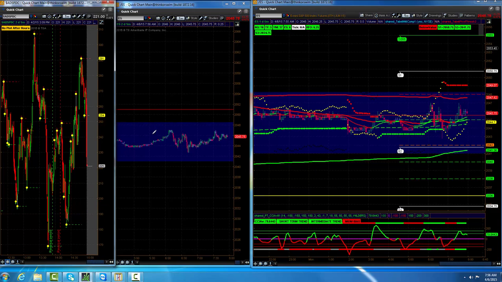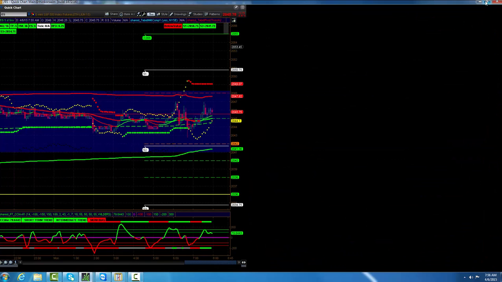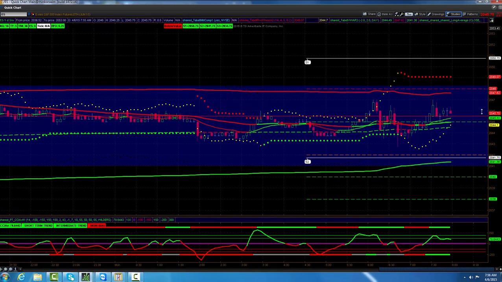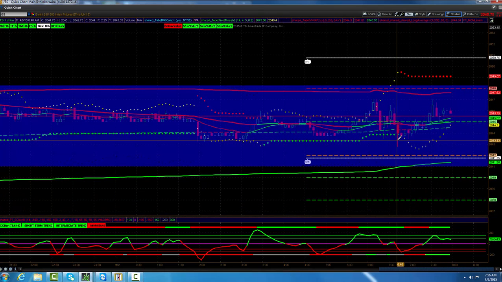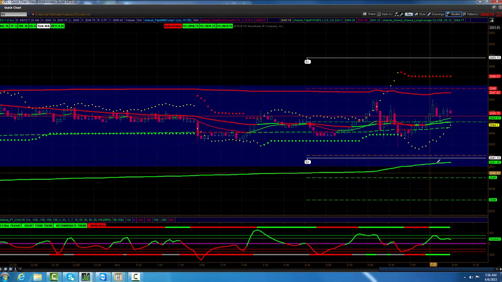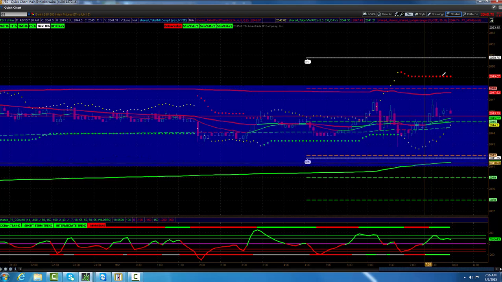Today we will use, let me get this up here, this consolidation zone that the market's kind of stuck in from 2048. I remember you use 2042 as the bull bear zone, and the bottom of that is 2041.